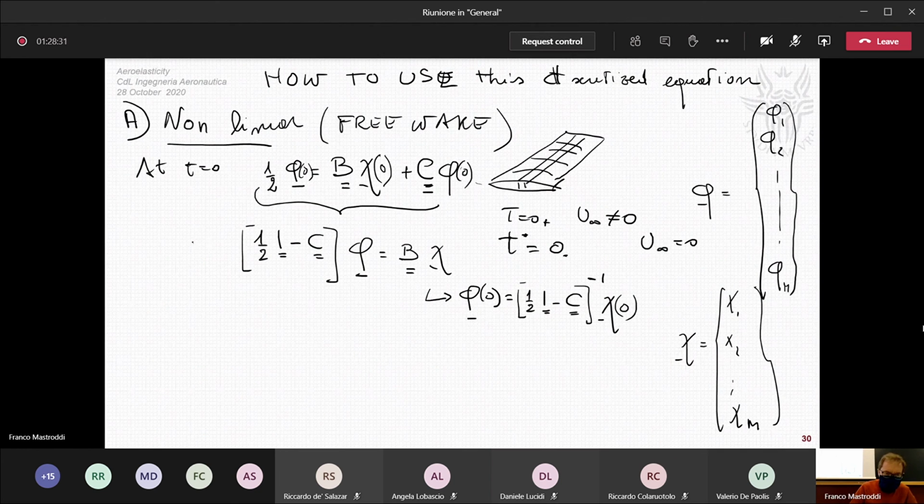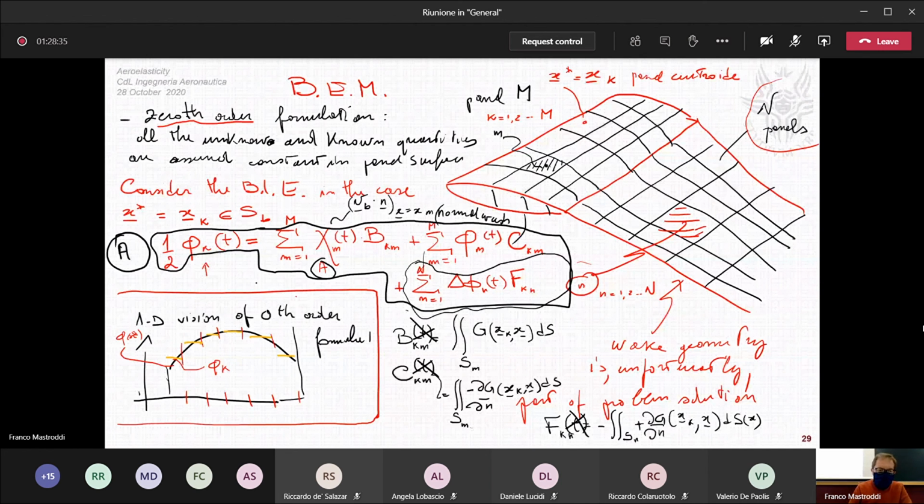Note that we have an identity matrix here because this quantity, phi k, can be written like Kronecker delta k m phi m, right?